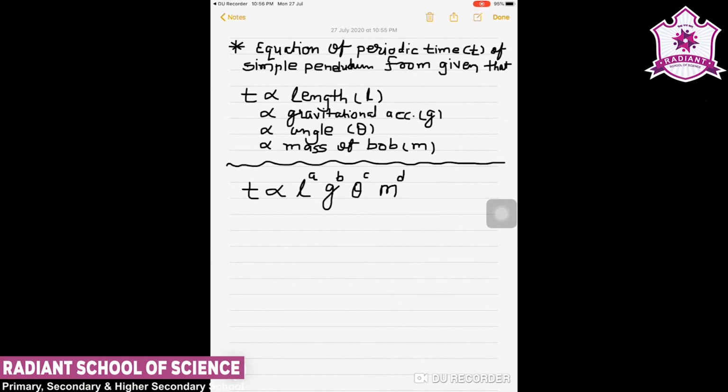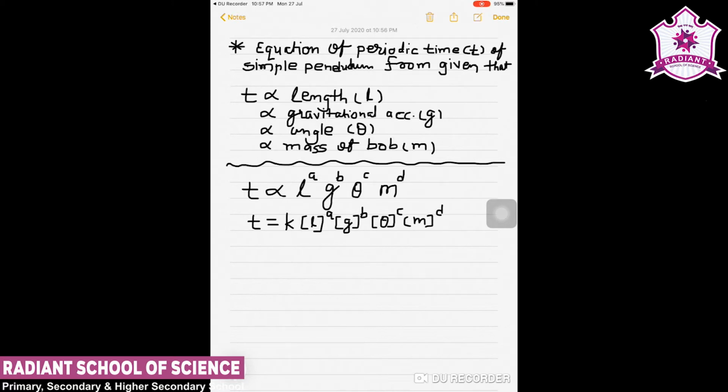Now we have to derive one equation, so at that time we have to remove this proportionality sign, and we can put this equation in the form of T is equal to, let me write in that manner, T is equal to one constant k, then L to the power a, then g to the power b, theta to the power c and mass to the power d.